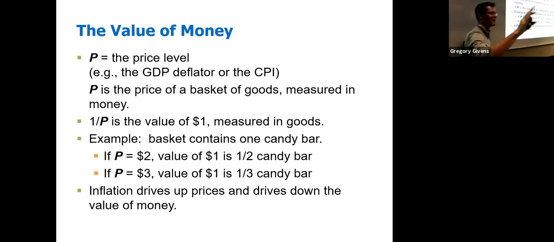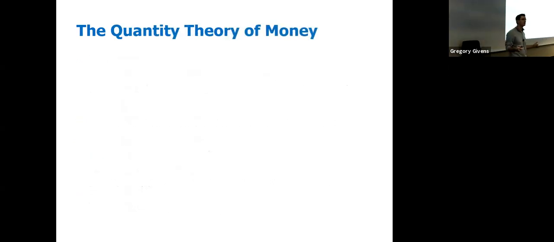Try not to think of it in terms of that. Try to think of it in terms of the value of our actual money. That inflation implies that the real value of our money is declining over time. Okay, does that make sense? This idea of the value of money is really important to the model that we're going to work through today.